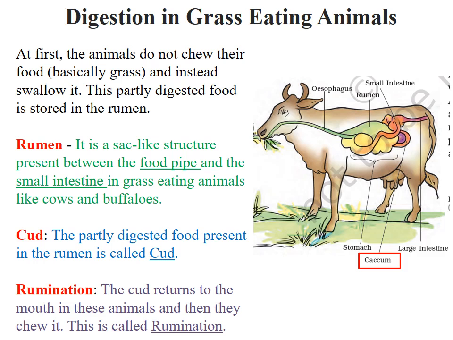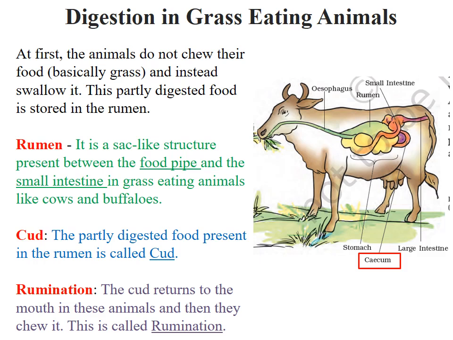You can see the picture of a cow. Here the digestive system of the cow is drawn on the right side. You can see the food pipe and small intestine also, and a sac-like structure present between the food pipe and small intestine.